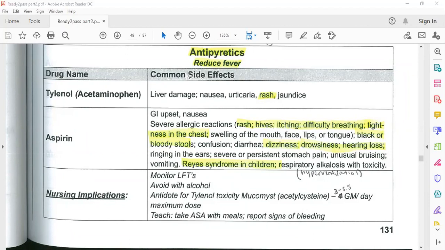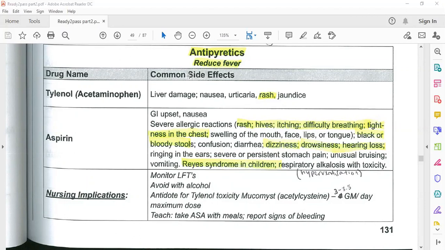So do not give aspirin with other anticoagulants like warfarin, heparin or Coumadin.